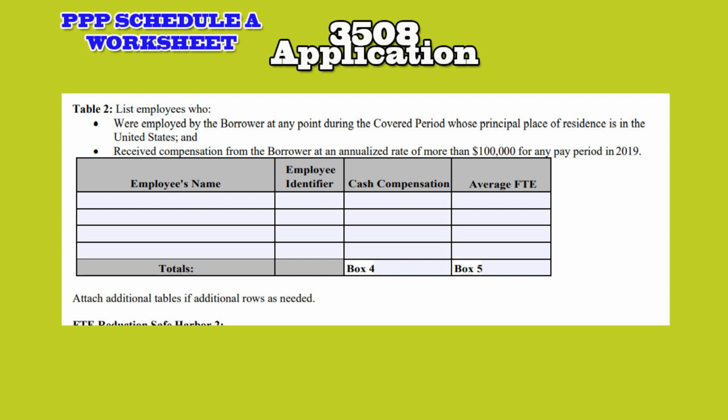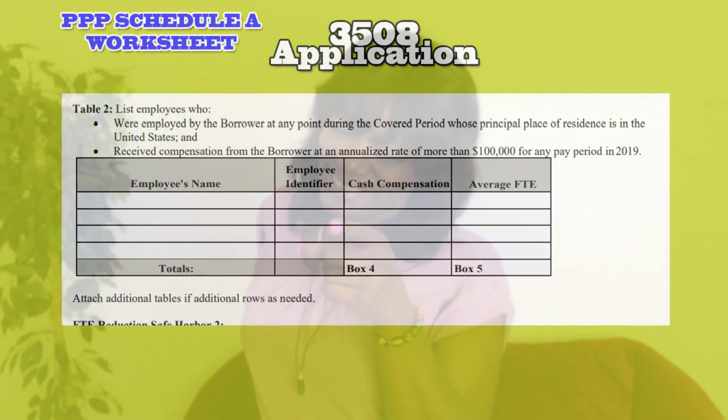This is for employees that made more than $100,000 a year. So same thing: employee name, employee identifier (last 4), the actual compensation, and their average full-time equivalency for that compensation, okay? Simple as that. So now you have the PPP Schedule A worksheet done. Told you, it was easy.